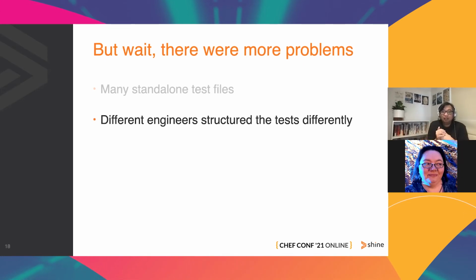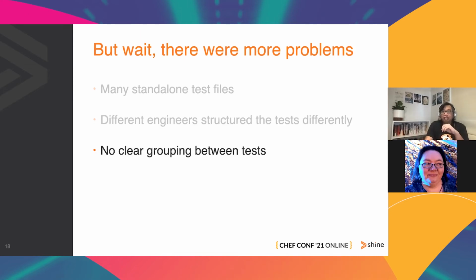And if the scope of the feature request was massive, then we saw either a small number of big files or many files with differing types of separation between those test files. It was clear that there were no clear groupings between the tests, and it was just quite a mess.